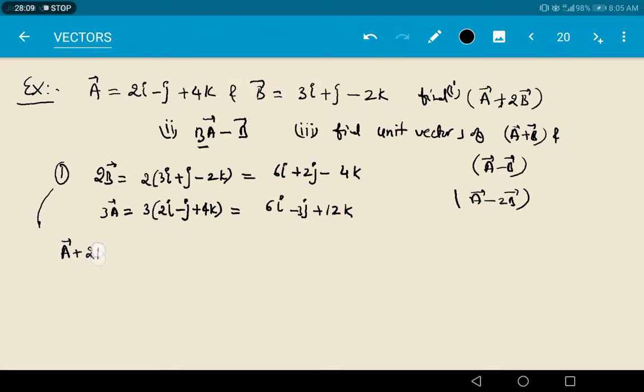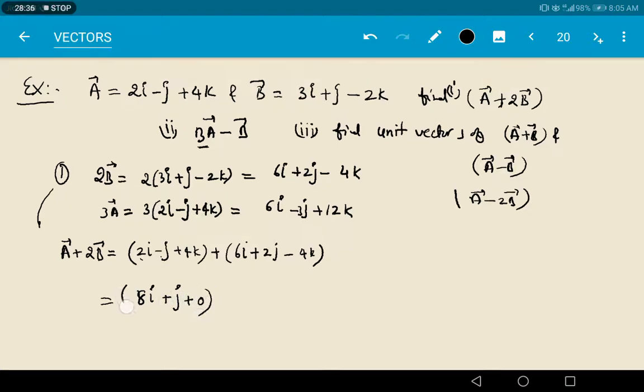Let us do the first one, a bar plus 2b bar. So add it: 2i minus j plus 4k plus 6i plus 2j minus 4k. Directly the x components are to be added, 6 plus 2, 8i, minus j plus j, and next plus 0. So 8i plus j is a bar plus 2b bar.